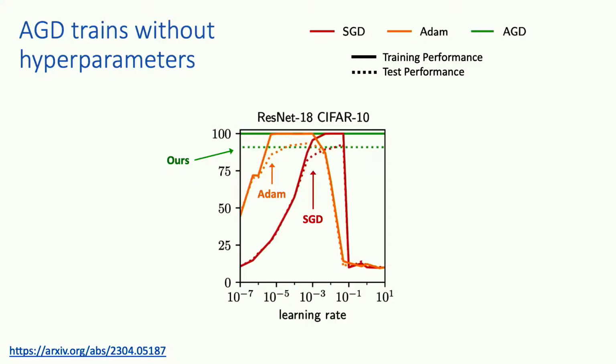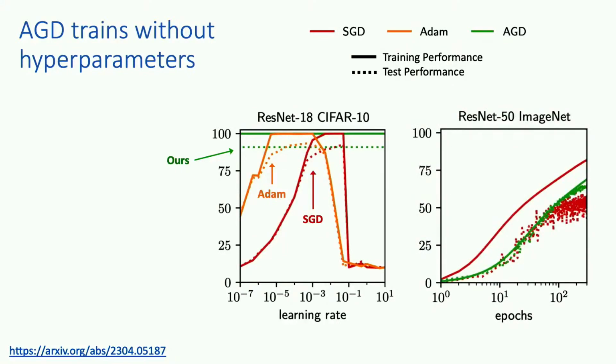Our algorithm, automatic gradient descent, has no learning rate, so you just run it once. The thing I want you to observe is that it matches the performance of tuned Adam and SGD. This also appears when you try it on ResNet-50 on ImageNet. And we're currently thinking about ways of scaling this up to other architectures such as transformers.